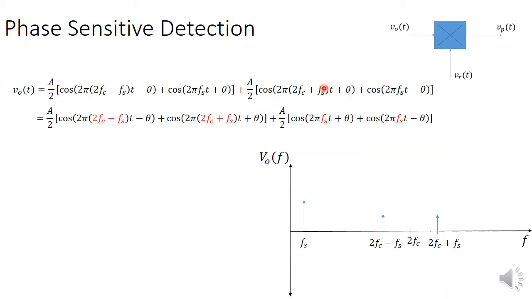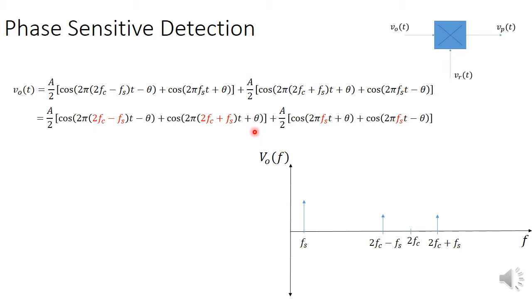So this is the output that we have, and if you combine different terms together, you can see that you have a sinusoid which has a frequency of Fs here, and another sinusoid which has a frequency of Fs here. Let's put them together, and then you have terms with frequencies twice Fc minus Fs and twice Fc plus Fs. Now let's look at this signal in the frequency domain.